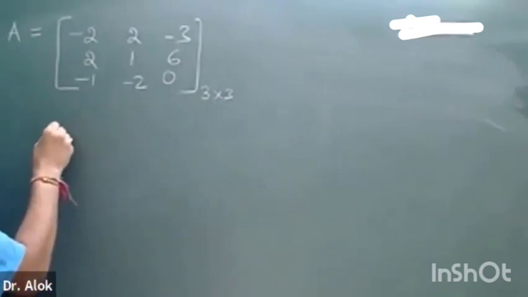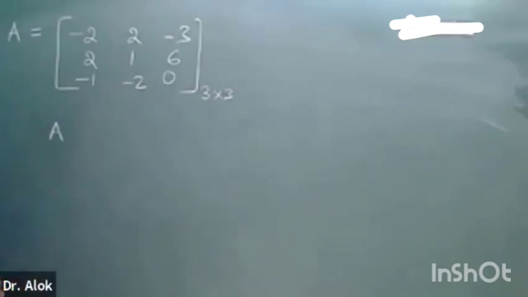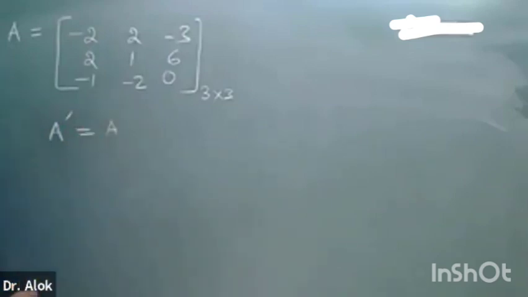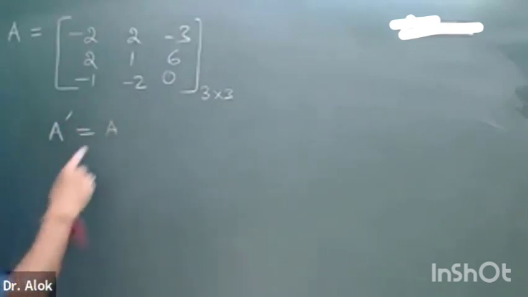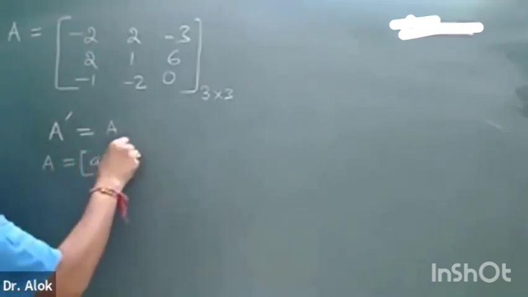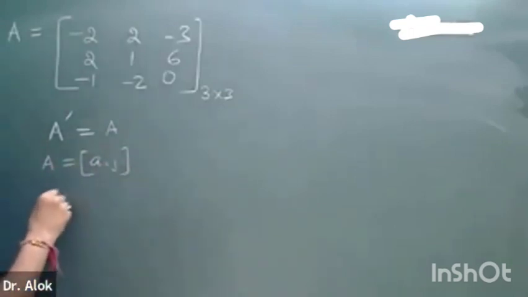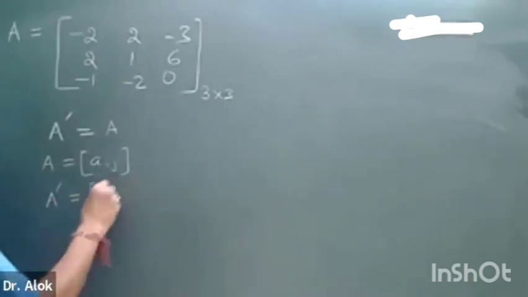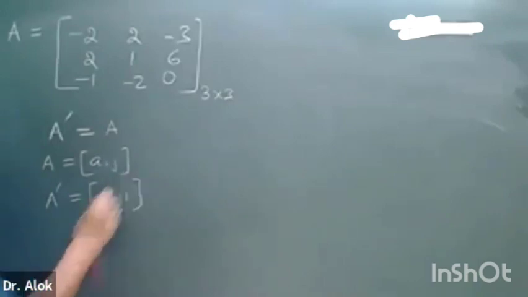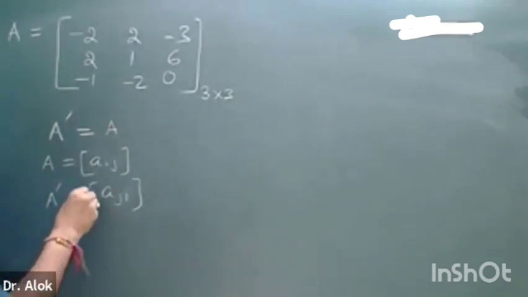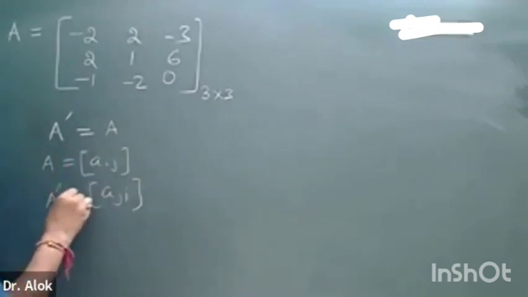Suppose there is a matrix A, and what happens for a skew symmetric matrix? A dash becomes minus A. Now if there is a matrix A and its elements are written as Aij, what will be A dash? Rows and columns are exchanged, so it will become Aji. So A dash will become minus of Aji.